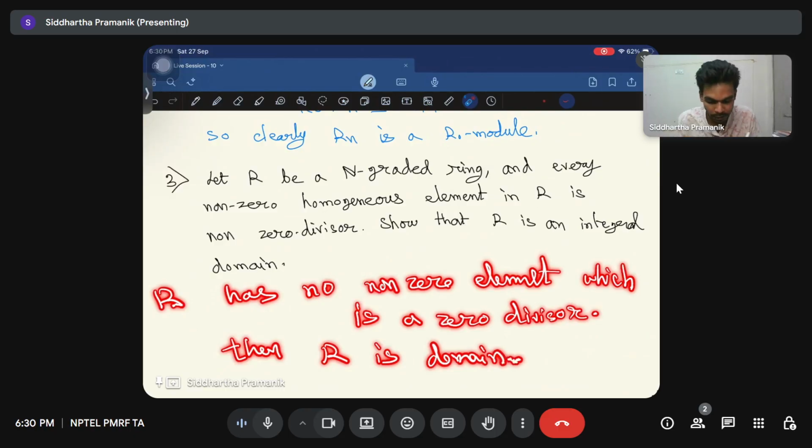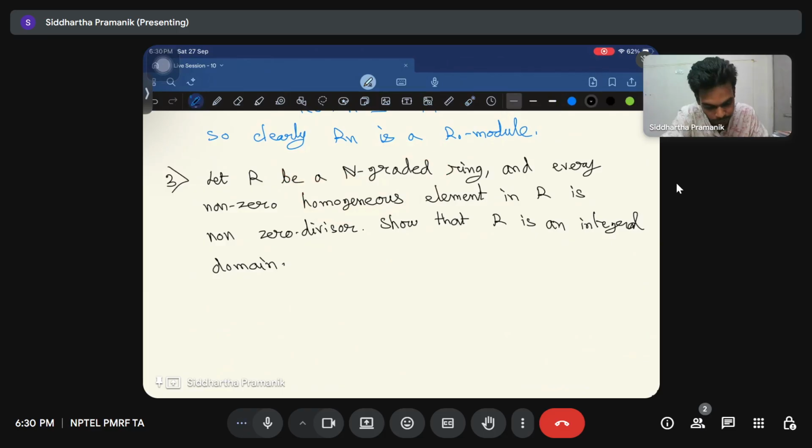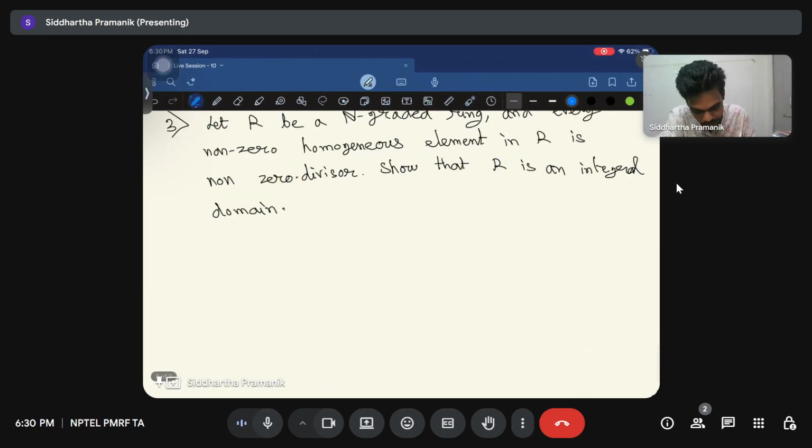But in the case of a graded ring, we can replace this condition on arbitrary elements by just homogeneous elements. That is what this problem 3 is saying. So let's prove this.